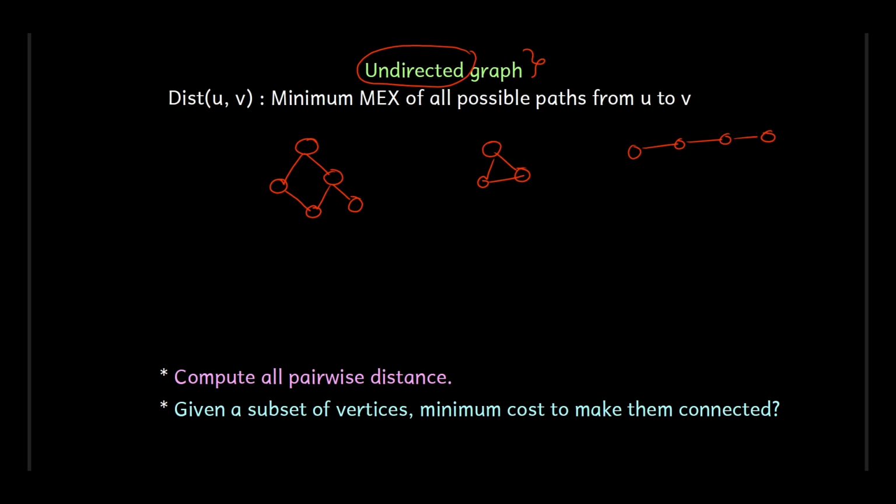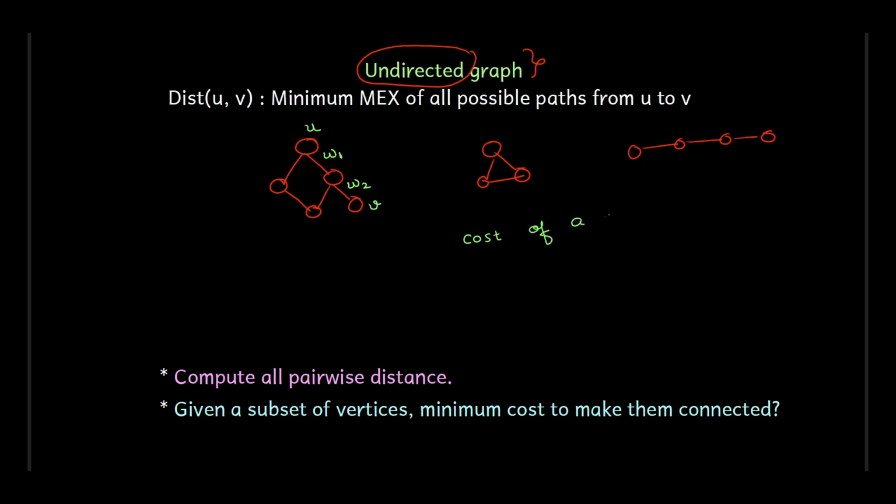Now, in the traditional graph problems, you will recall that if the edges are weighted, suppose the weight on this edge is W1, weight on this edge is W2, and if this is node U and this is node V. So how do you define the cost of a path?